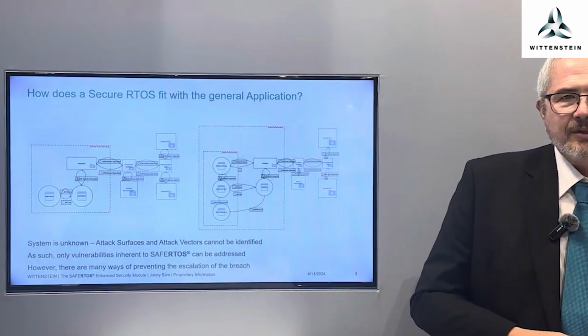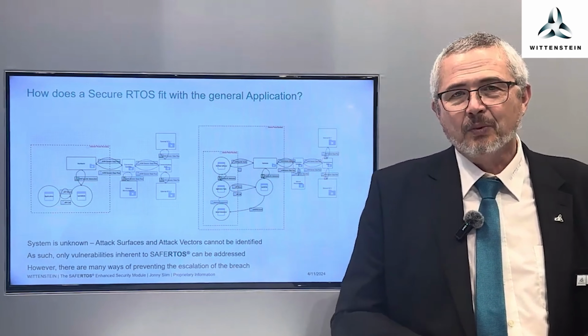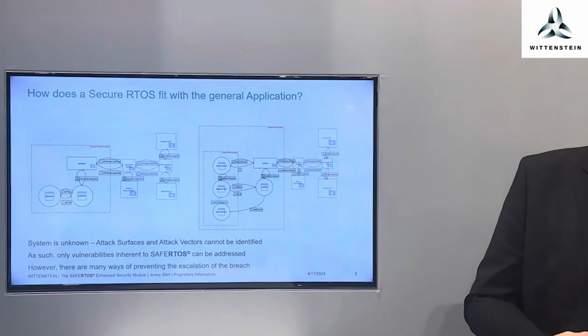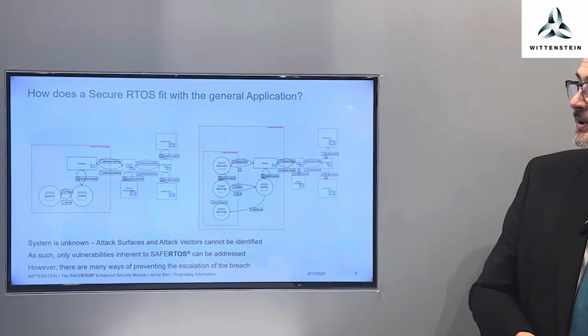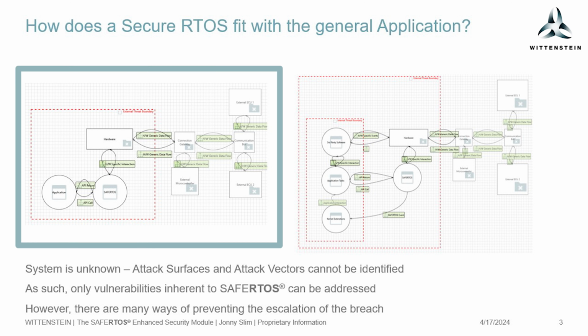When it comes to determining what we need to protect, it's worth looking at how SAFERTOS would fit into a typical application. In the simplistic case, you've got the classic ECU performing one function, where the producer is writing all the application code, has brought the RTOS in, linked the application, and built it.